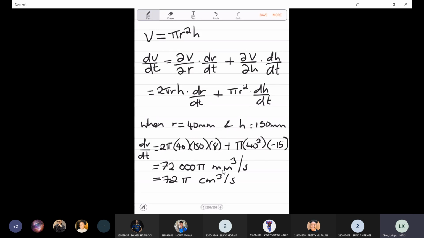Then answer the question. It says find the rate at which the volume is changing. So say the volume is changing at a rate of 72 pi centimeters cubed per second.